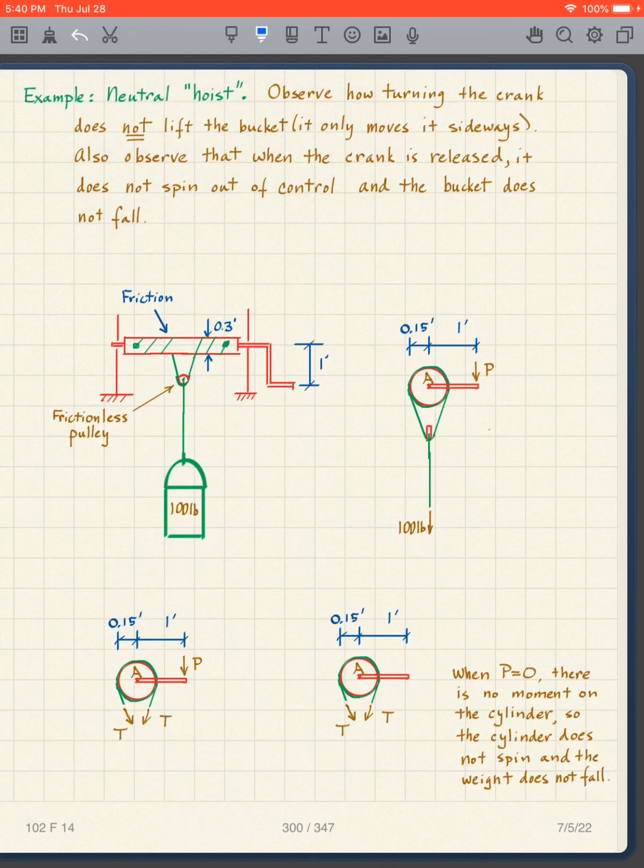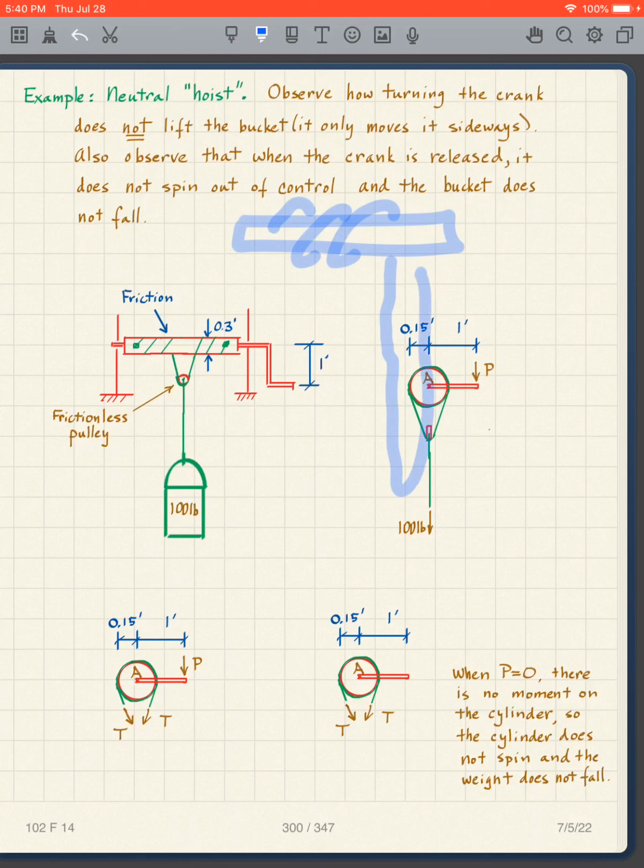Just take a pencil or something like that, and then wrap your string around it. And then come in with a really big loop, and then keep going.